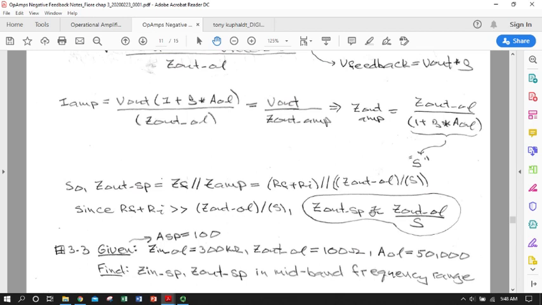So it's going to get even lower. So we've got that expression written here, Z feedback in parallel with Z amplifier. And so the Z feedback is just our RF plus RI, and then our Z amplifier is our open loop output impedance divided by our sacrifice factor.